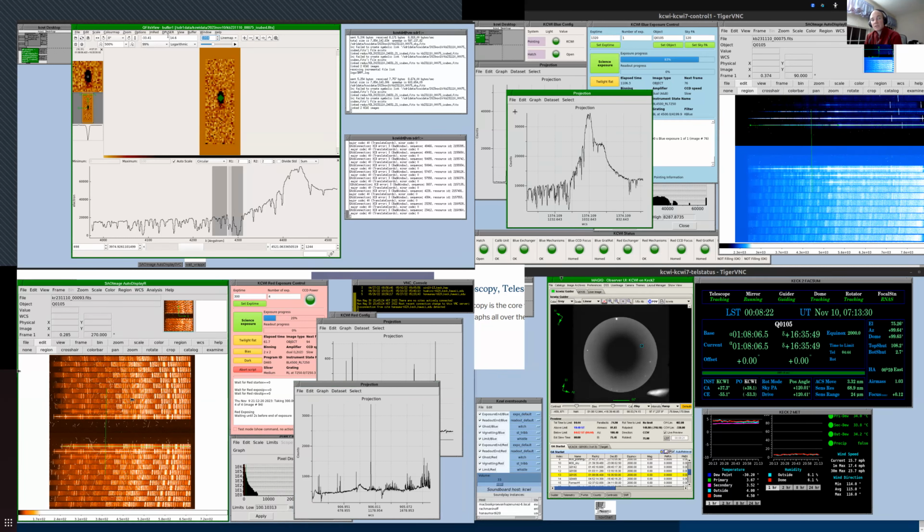The stars that I'm observing are considered quite bright as KCWI goes. Some people who use KCWI are observing galaxies that are 100 times fainter than the stars that I'm observing. In that case, they would want to turn up the gain as much as they can. But turning up the gain also turns up the noise on the detector as well. So you get sort of a noisier spectrum.